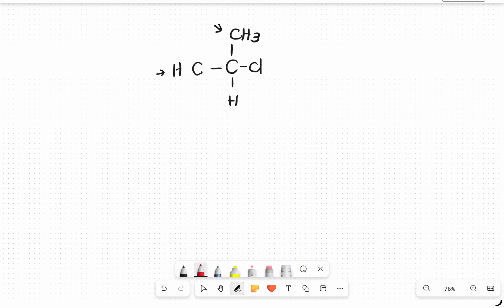I start with this side because this is only 3 carbon, so either way, this chlorine is located at carbon number 2. Remember, this one cannot be carbon number 1 because it is the middle carbon. So IUPAC is 2-chloropropane.